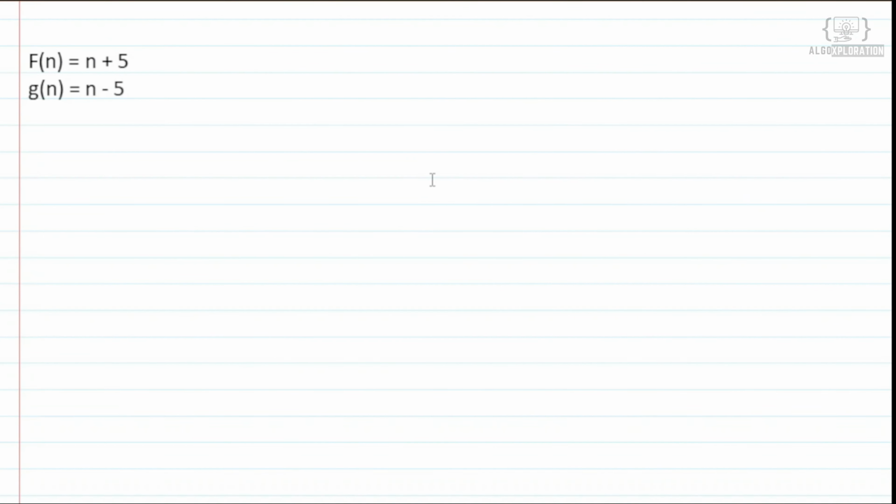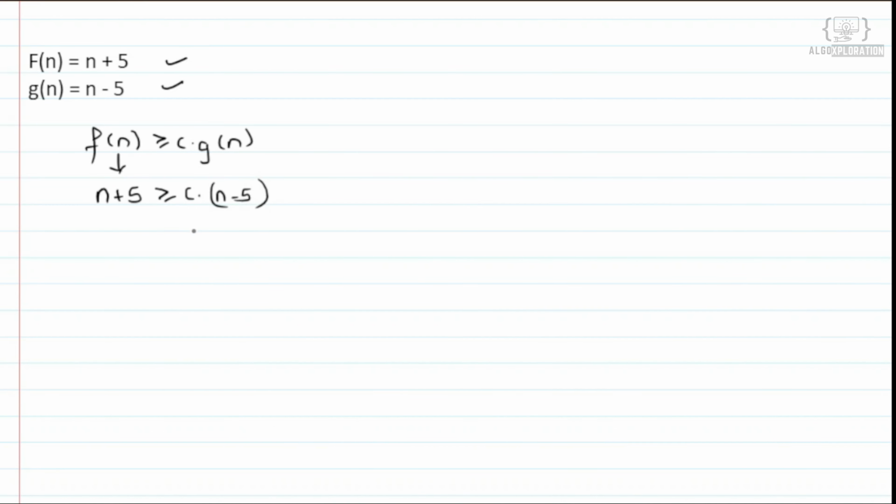Now let's calculate the next question. Here f of n is n plus 5 and g of n is n minus 5. Let's substitute in f of n is greater than or equal to c into g of n. N plus 5 is greater than or equal to c into n minus 5.